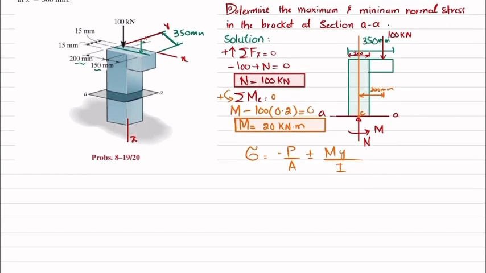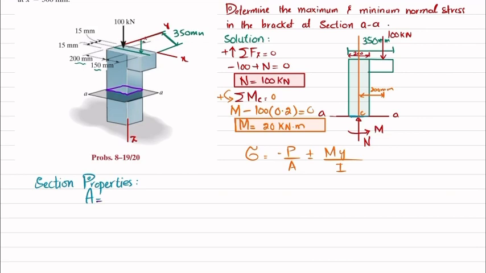Now we'll find the section properties, which are A and I. You can see the area at section AA. This is the area over which this force is applied.